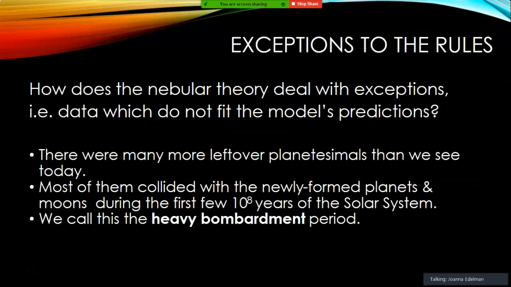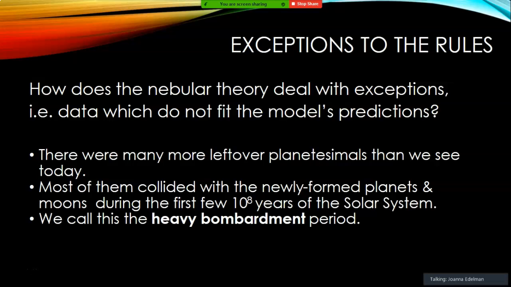So a good nebular theory needs to explain some of the rules or the exceptions to the rules that we see within our solar system. So, why is it that certain planets orbit on a different angle than, let's say, just straight up and down in terms of the tilt of the axis?